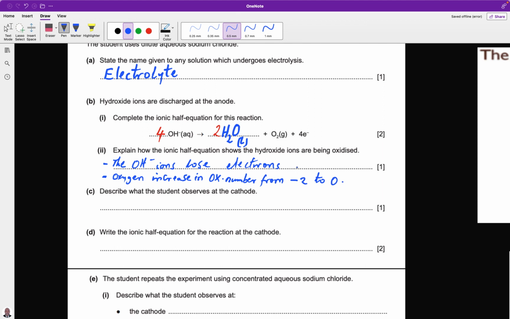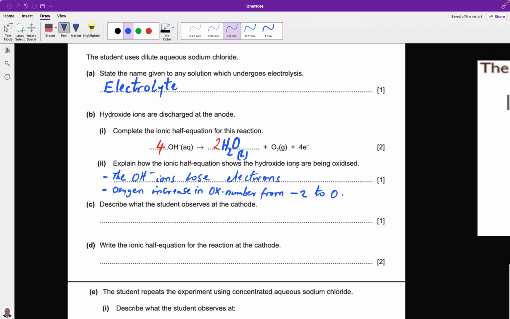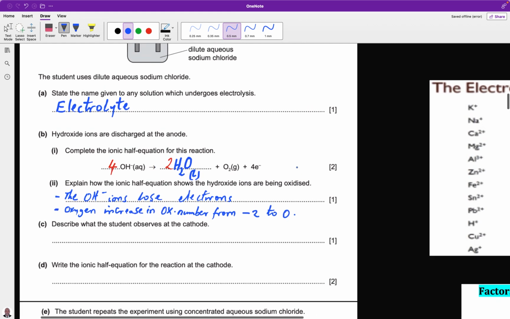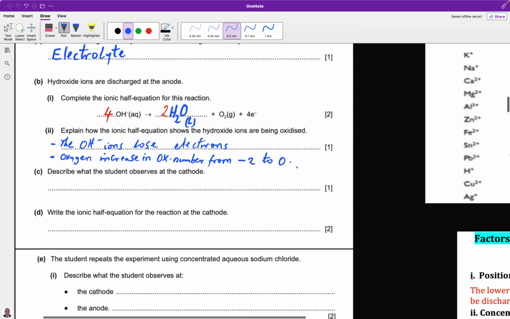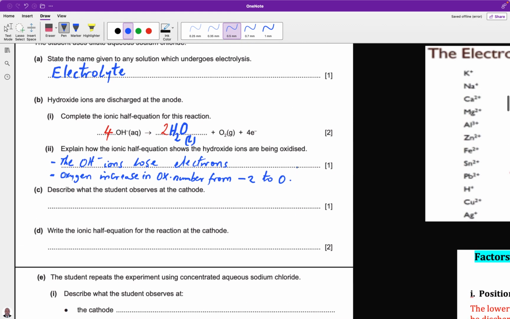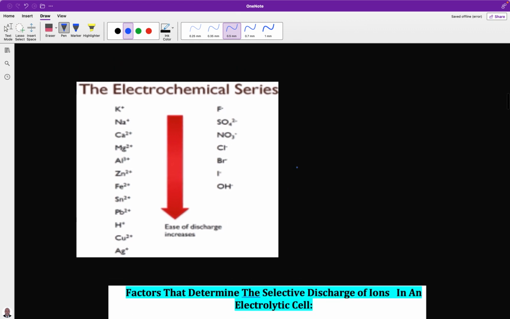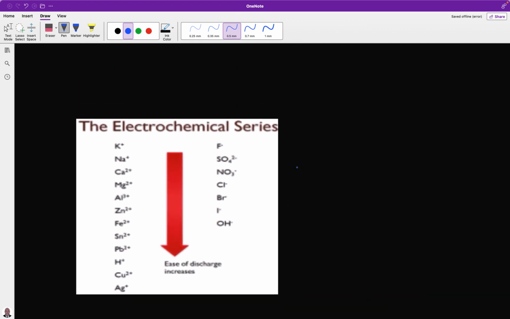Since this is electrolysis of aqueous sodium chloride, remember, see what happens.